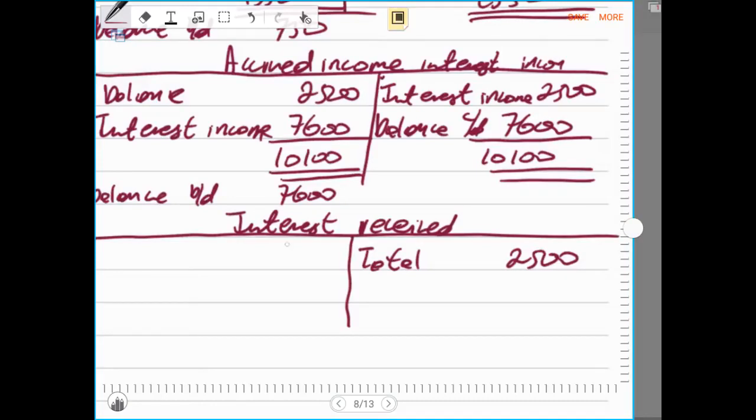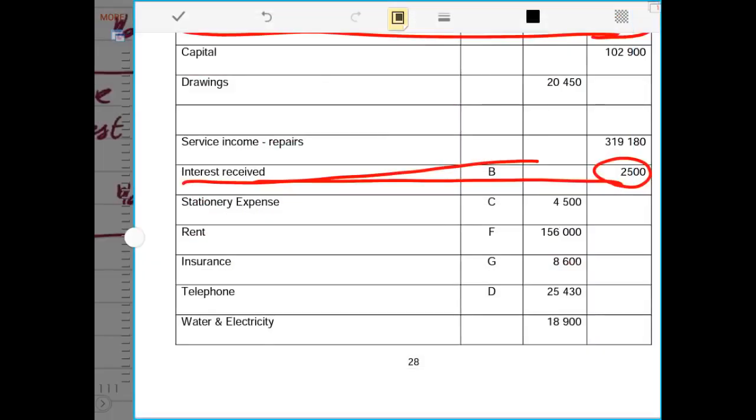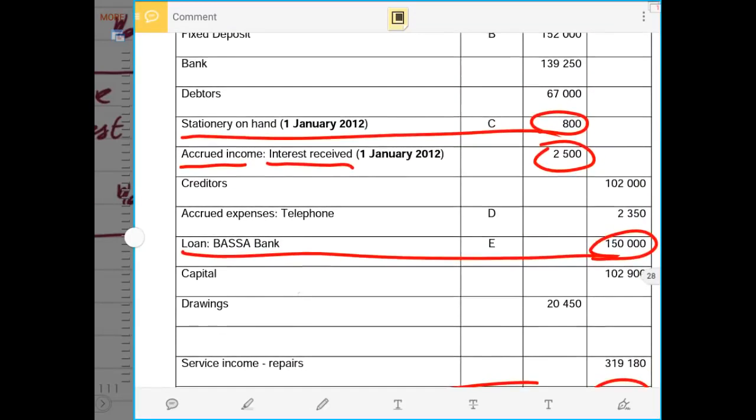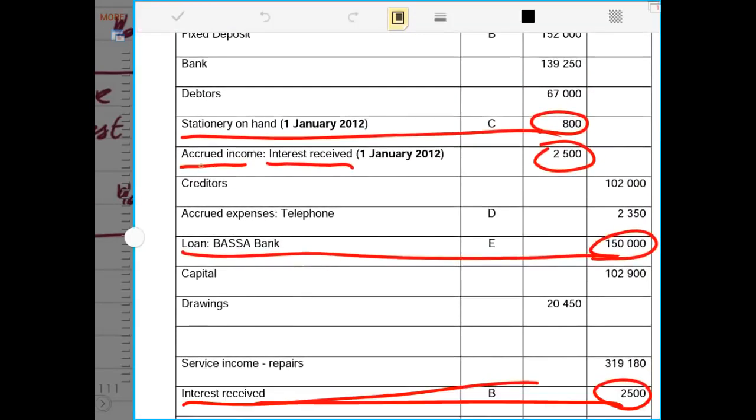Then after, we have to account for the reversal of 2.5. Once again, from the trial balance, there was a reversal of the interest income, the one that was accrued. In this reversal that we did, we debited our interest income by 2.5.